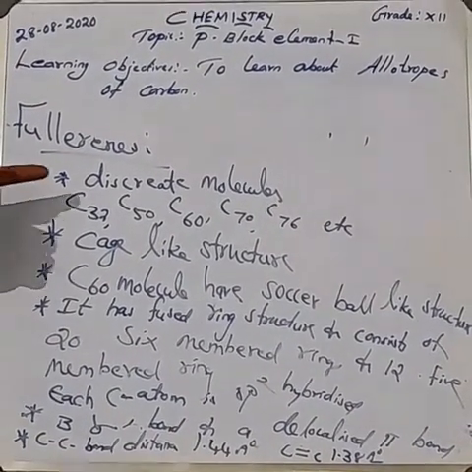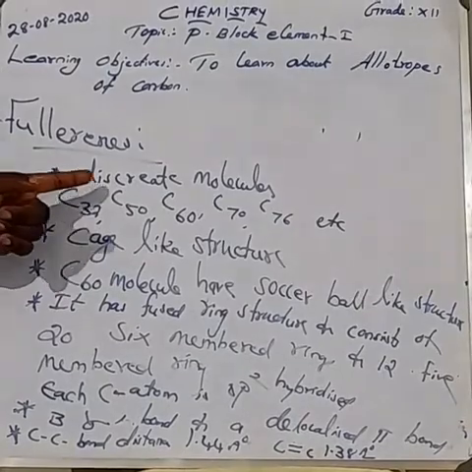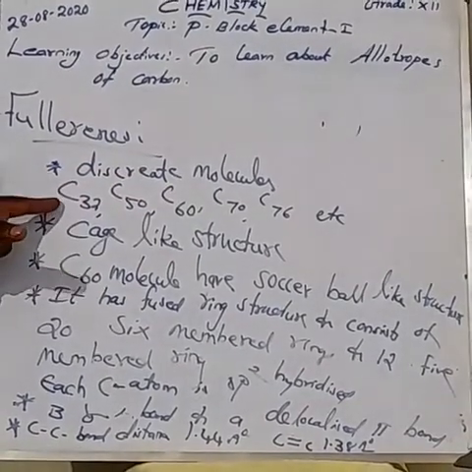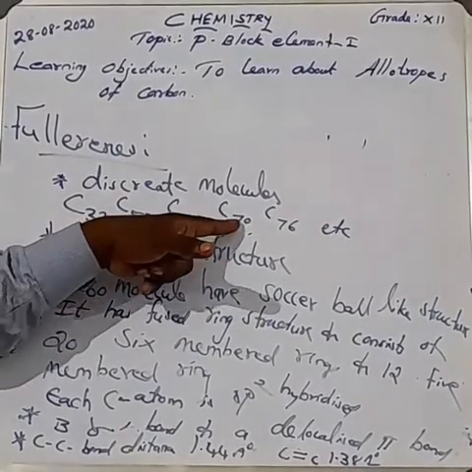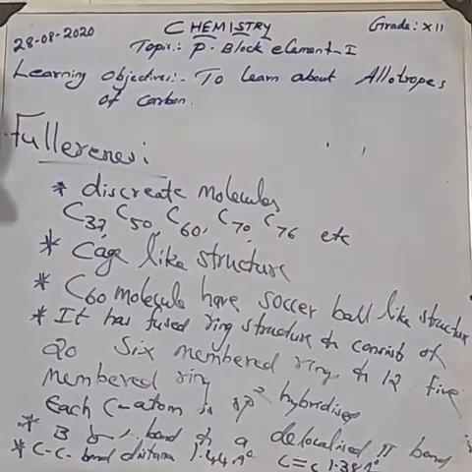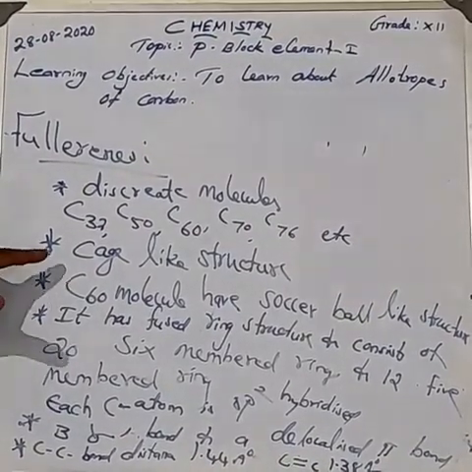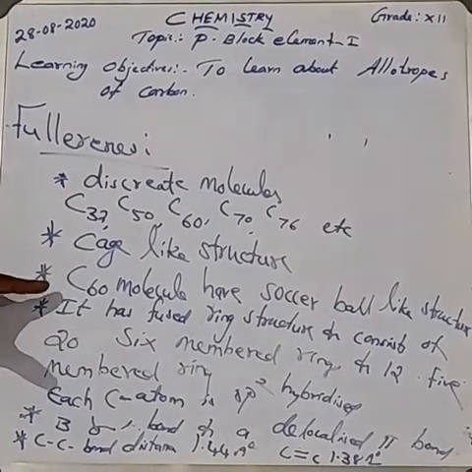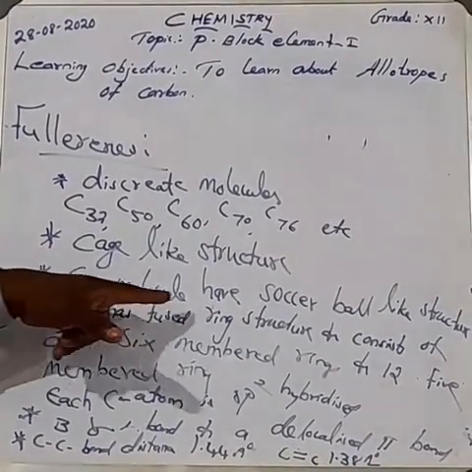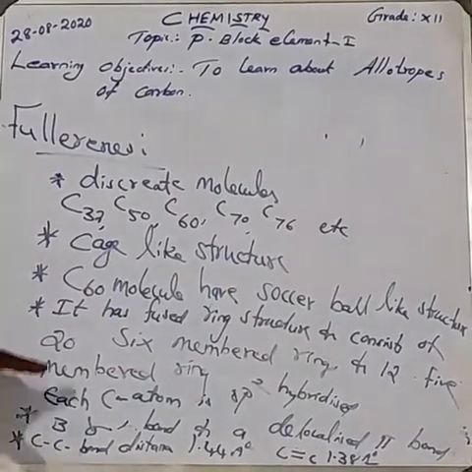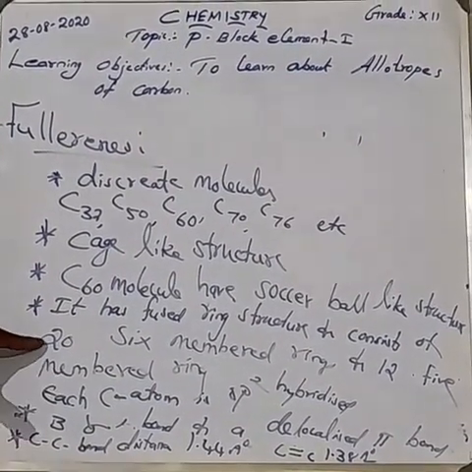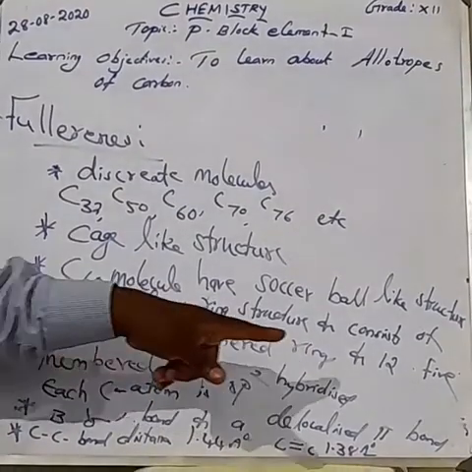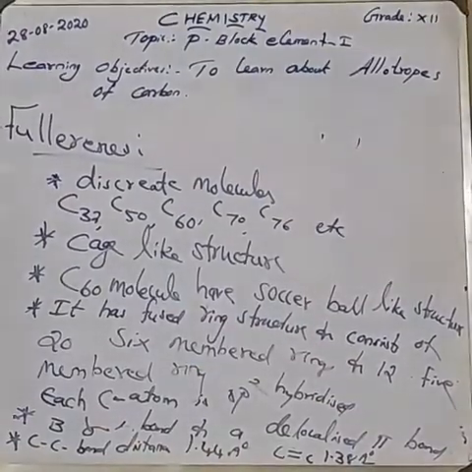Once again, please. They are discrete molecules: carbon 32, carbon 50, carbon 60, carbon 70, and carbon 76, etc. They have a cage-like structure. Carbon 60 molecule has a soccer ball-like structure. It has a fused ring structure and consists of 20 six-membered and 12 five-membered rings.